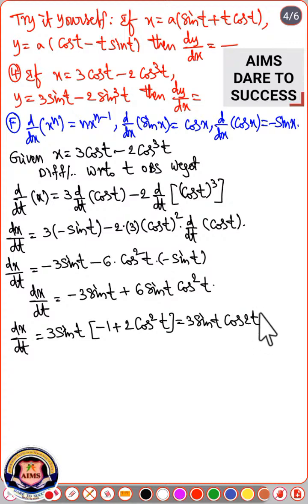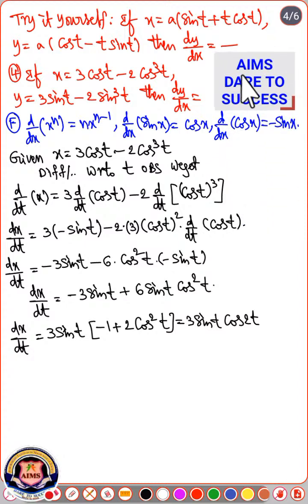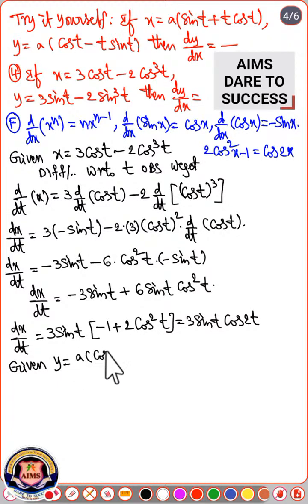Here we got one more formula: 2 cos square x minus 1 is equal to cos 2x. Keep it with you like this.